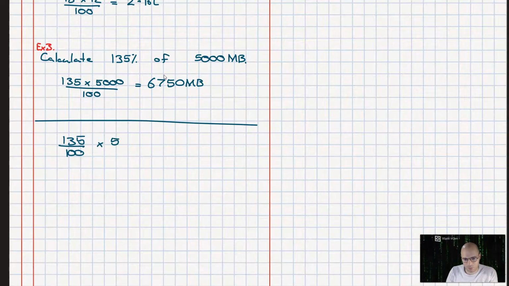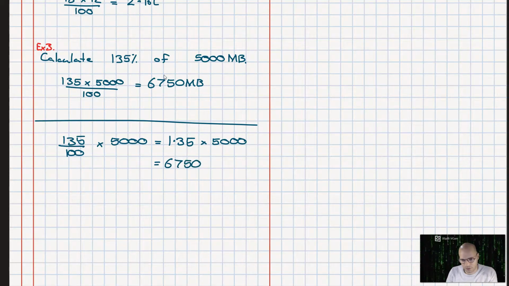Then we simply multiply it out by 5,000. Now if we change 135 over 100 to its decimal, it's going to turn into 1.35 times 5,000, and thus it all comes out to be 6,750 megabytes.